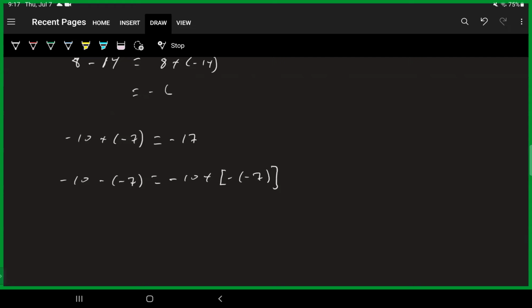What this is asking inside those square brackets is, what is the opposite of -7? So let's write that down. If you think about it that way, the opposite of -7 would be +7.